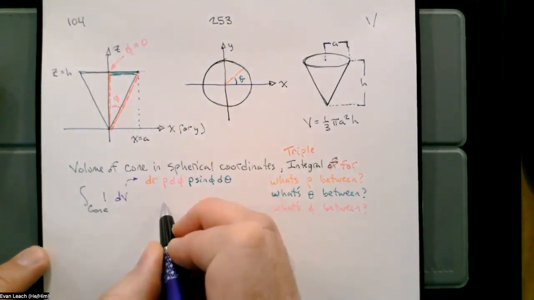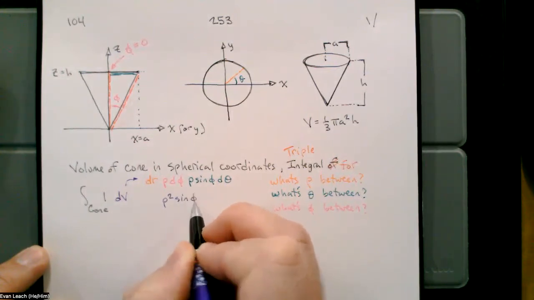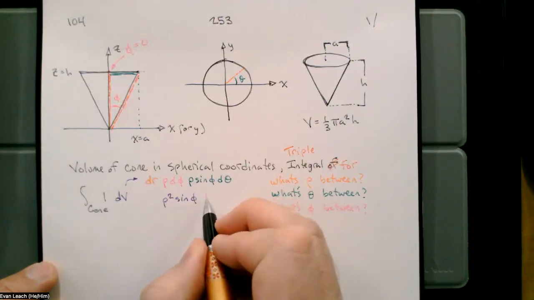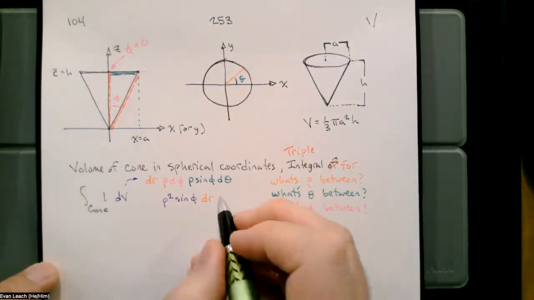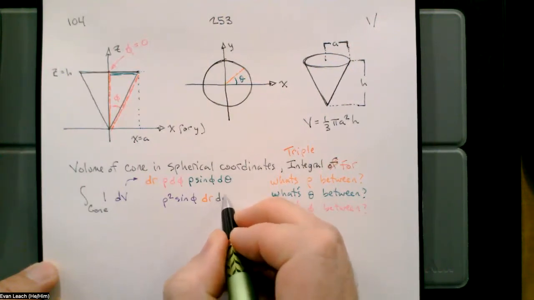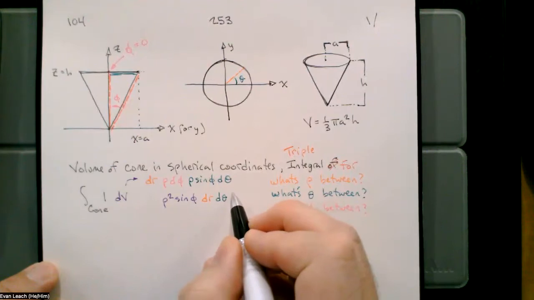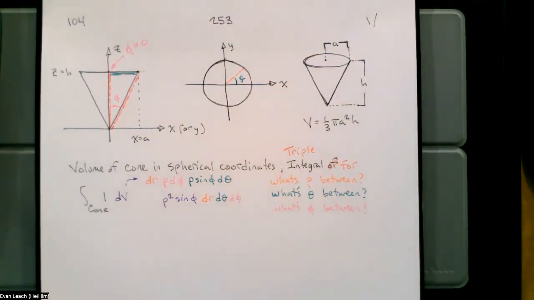So I'm going to get rho squared times the sine of phi times d rho d theta and d phi.